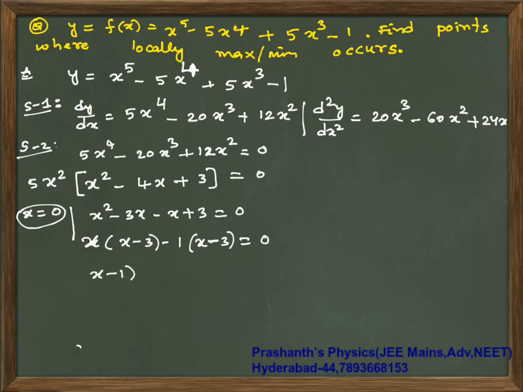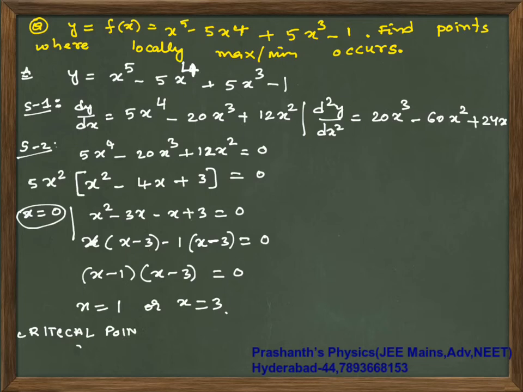That gives (x minus 1)(x minus 3) equal to 0, so x equal to 1 or x equal to 3. So your critical points are 0, 1, 3.